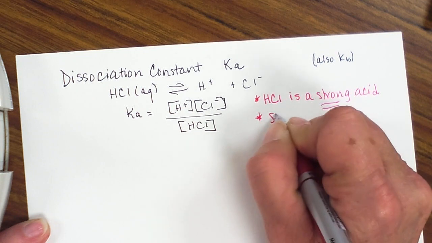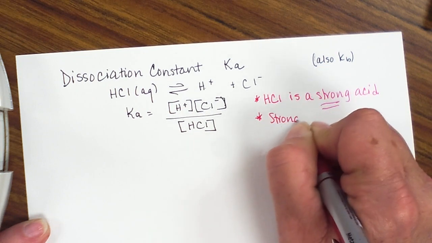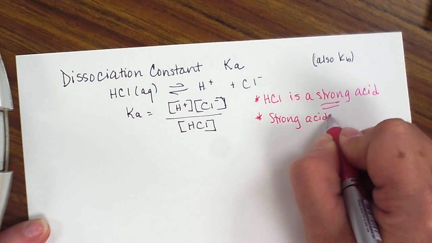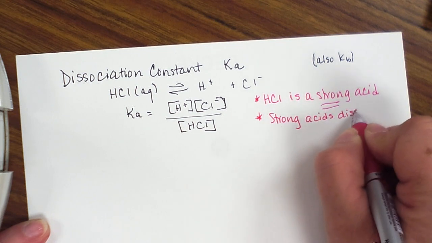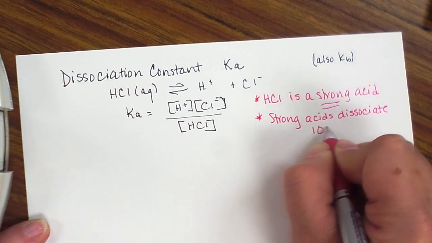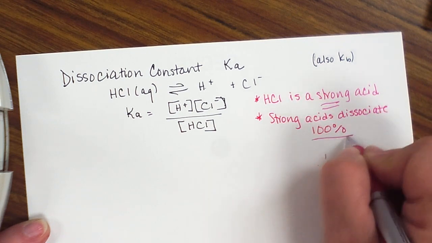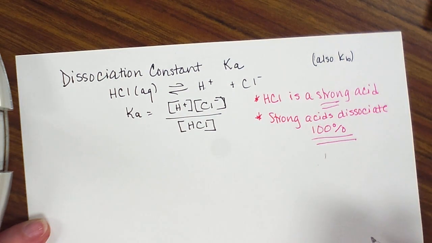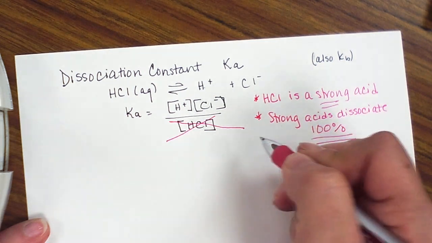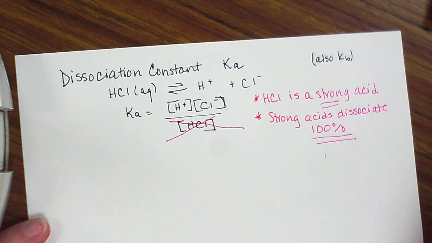Strong acids dissociate 100%. So therefore, we don't need that because there is none left. I'm going to repeat that.